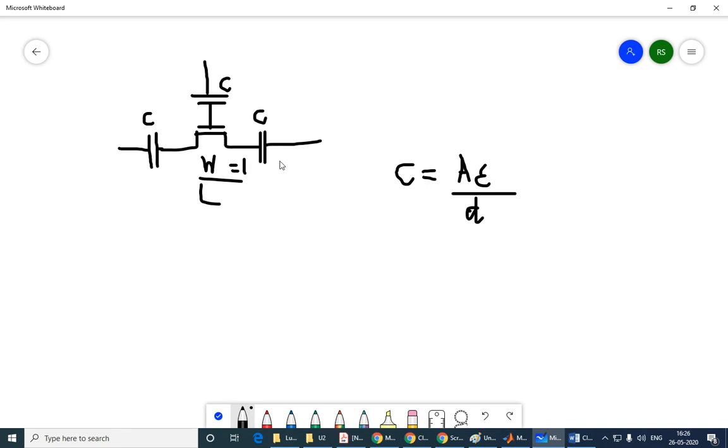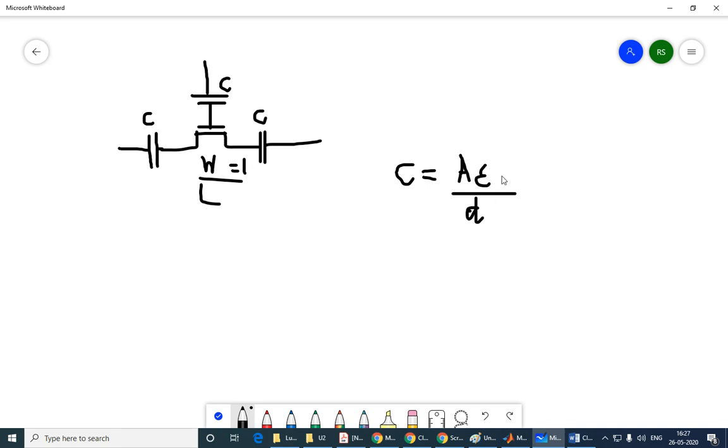Similarly with these two also, if you look at these two capacitances, the depletion region width under reverse bias is going to determine the distance between these two parallel plates, and that generally remains the same also. It's not going to change unless I change the reverse bias, which means I change the power supply. So D generally will not vary with the size of the transistor.